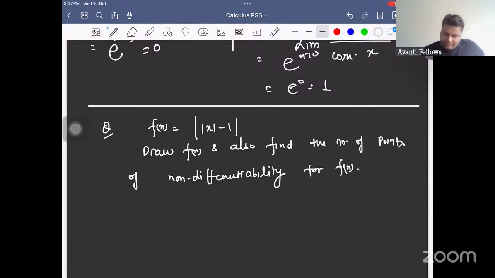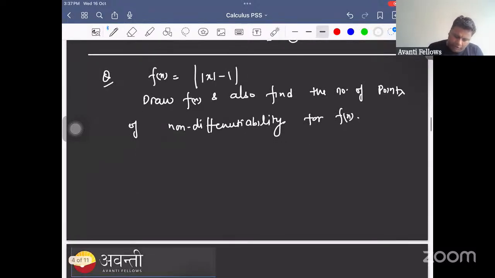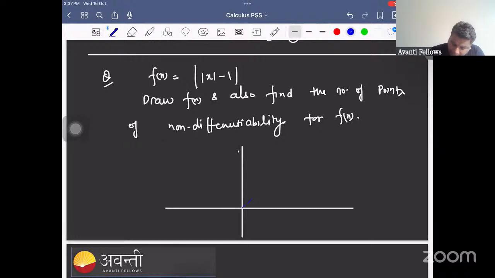See, first of all, how do we draw this graph? First of all, I'll draw the graph of mod x. Now, this blue pencil is showing the graph of mod x.